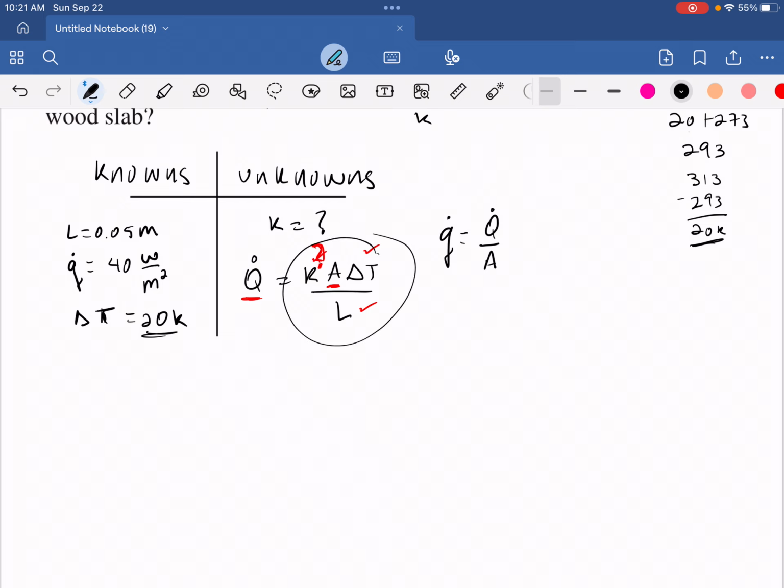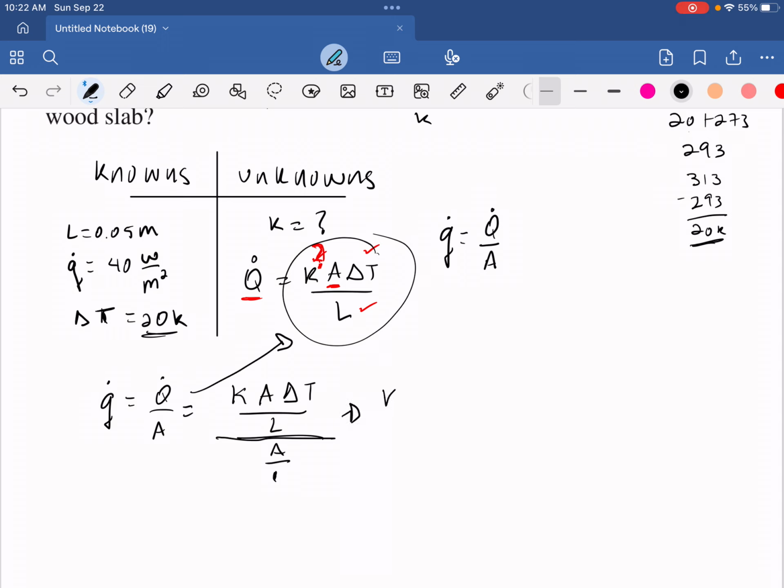So I'm gonna have heat flux is equal to Q dot over area. I do know that Q dot is equal to thermal conductivity times the area times the change in temperature, all divided by the thickness, divided by this area. I know that this area is over 1.